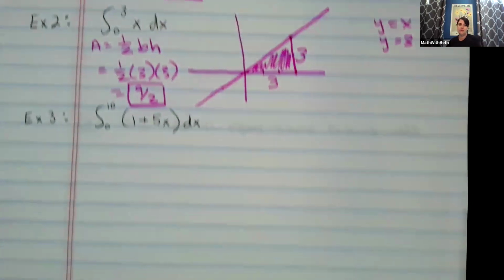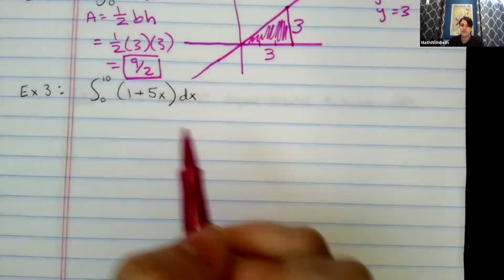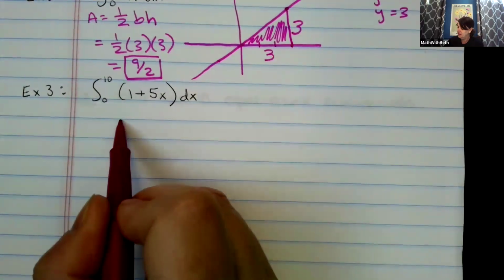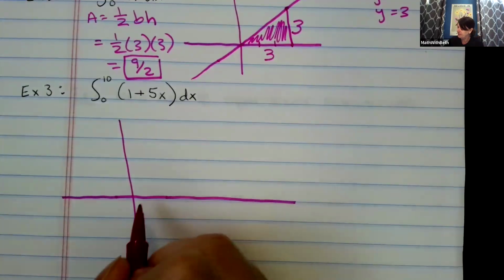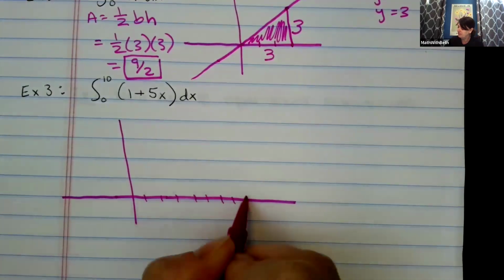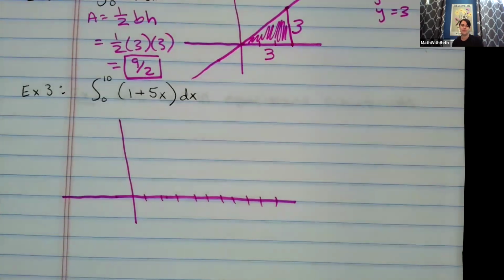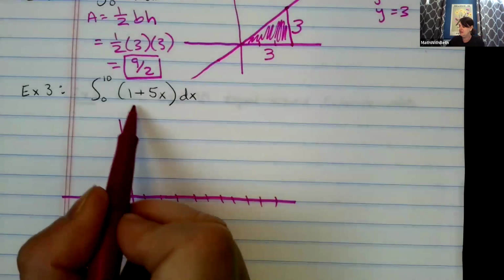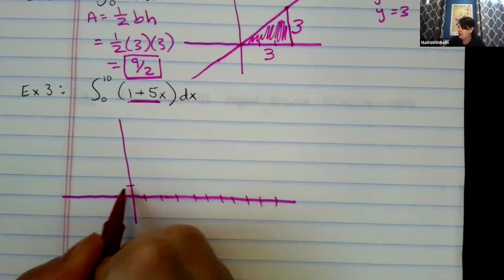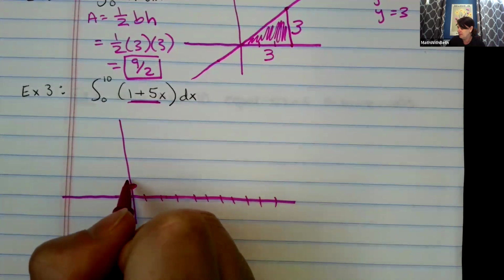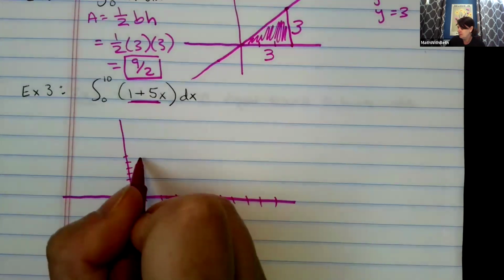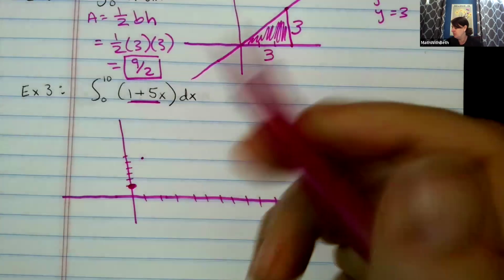Okay, so now what if we have something that's a little more complicated? This is still going to be a straight line, so that's good. But I'm looking at between 0 and 10. This is a line that would start at 1 and go up 5 over 1, up 5 over 1.